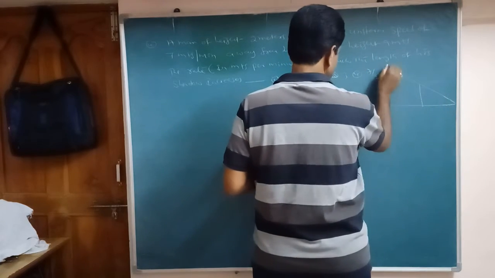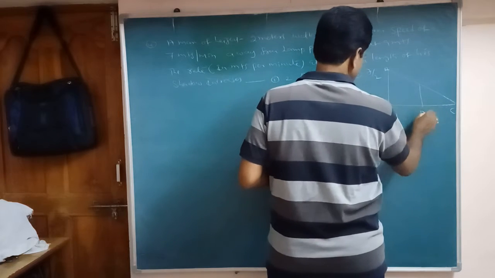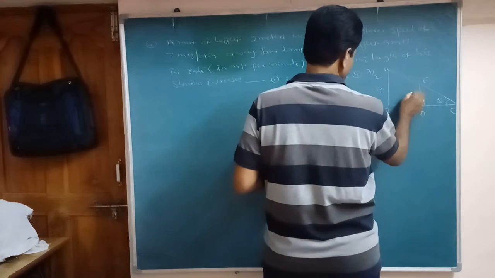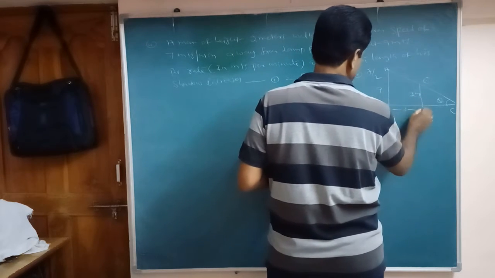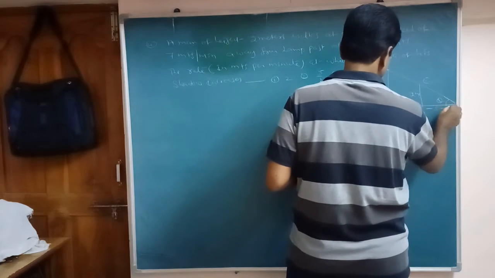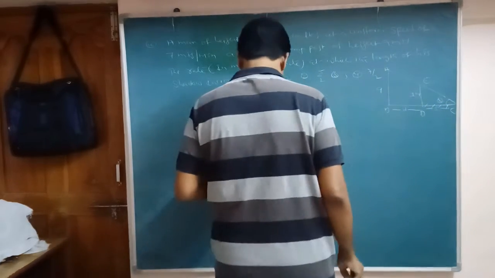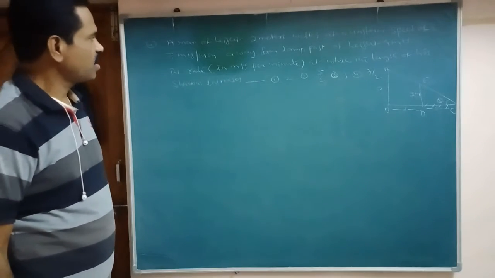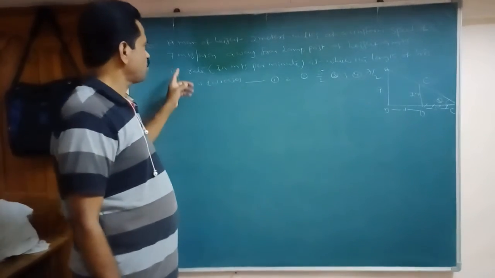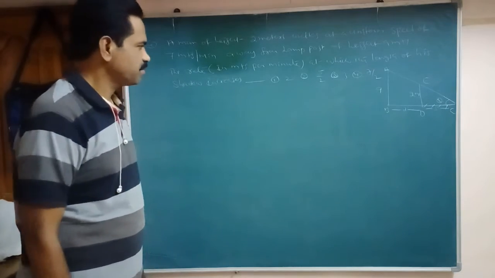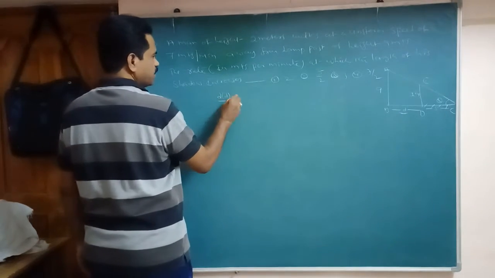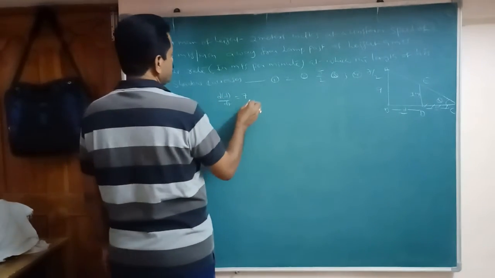So it is given. Suppose this is A, B, C, D, E. It is theta. So it is 9 given. It is 2 meters given. Suppose this distance is D. A man of height 2 meters walks at a uniform speed of 7 meters per minute, so dD by dt equal to 7 meters per minute.